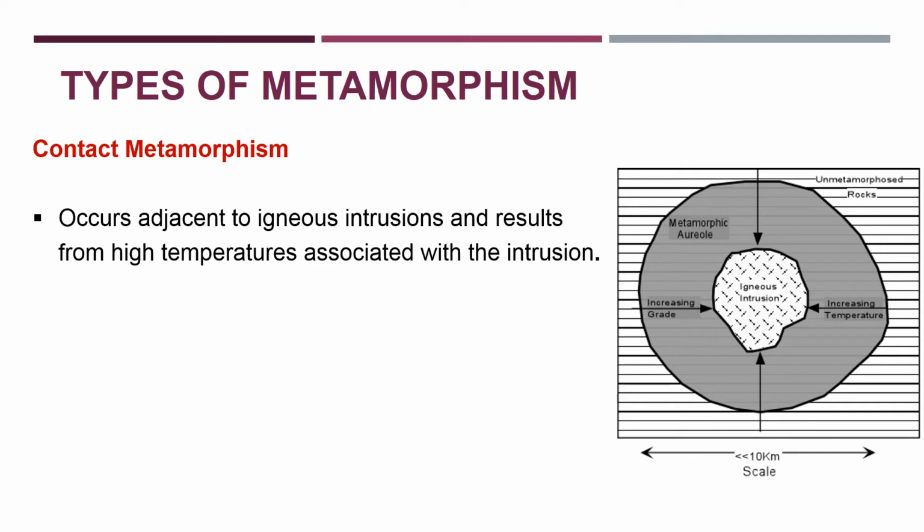As you can see from this figure, in the middle you can see the igneous intrusion and the increase of temperature toward the intrusion, and this gray area is the affected area where the metamorphic rocks are formed. We call this area the metamorphic aureole, and it depends on the size of the igneous intrusion and the composition of the adjacent rocks.